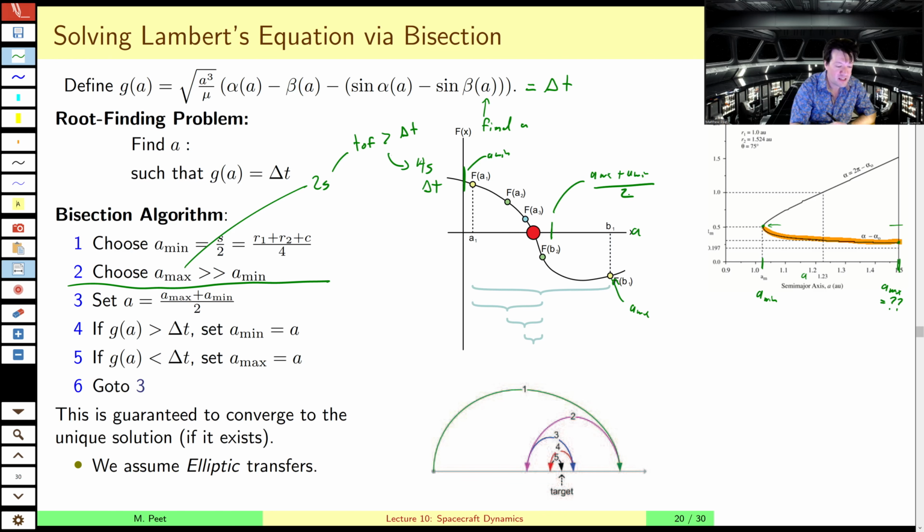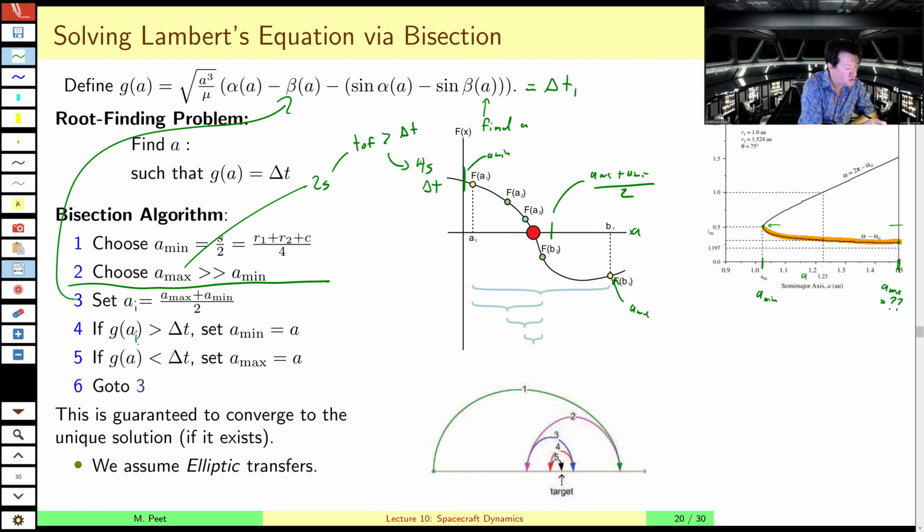That's our first guess. Then you determine the corresponding time of flight by just plugging that number into your equation. You get a delta t1. Let's call this guess A1, or AI, for example.